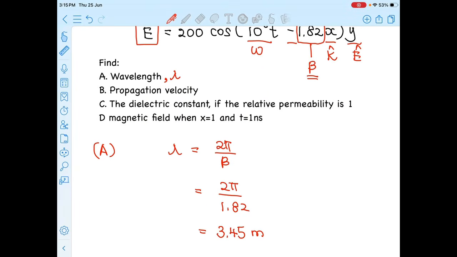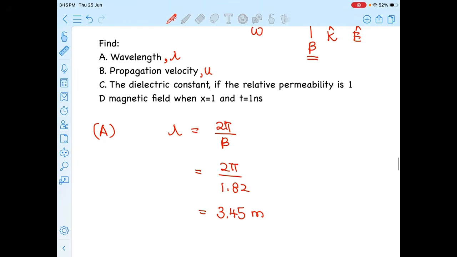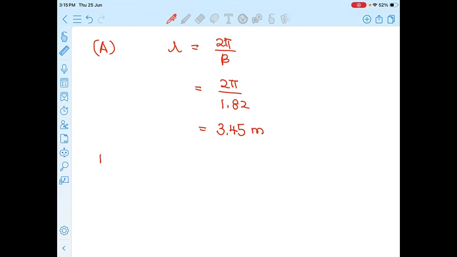Next is the propagation velocity. In your notes, the propagation velocity or wave velocity is represented by the symbol U. So when you see propagation velocity, it means that you need to find U. We apply this formula, whereby U equals omega over beta.